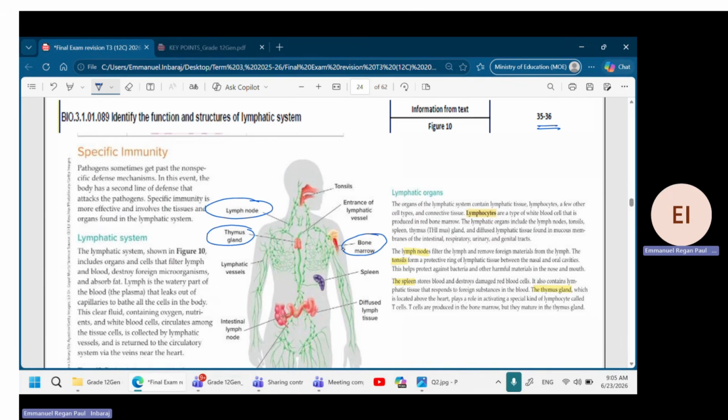This is the bone, and inside the bone you have the marrow, bone marrow. This is called spleen. So these four: lymph nodes, thymus gland near the heart, bone marrow and spleen. These four you remember. And let's see what are the functions of it. It's very important.